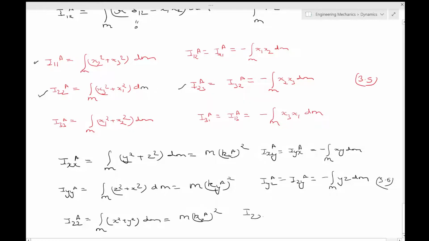Izx of A is equal to Ixz of A, minus of m zx dm.